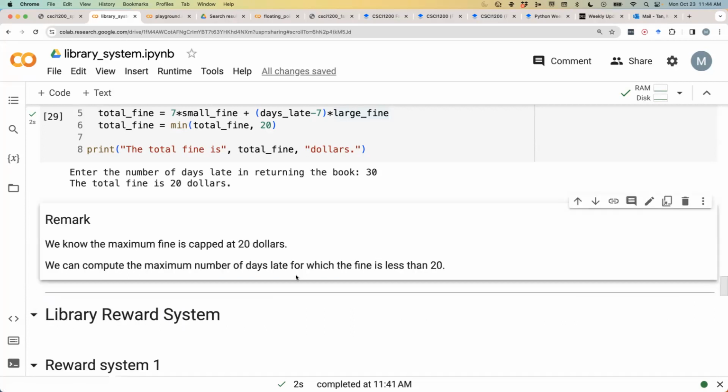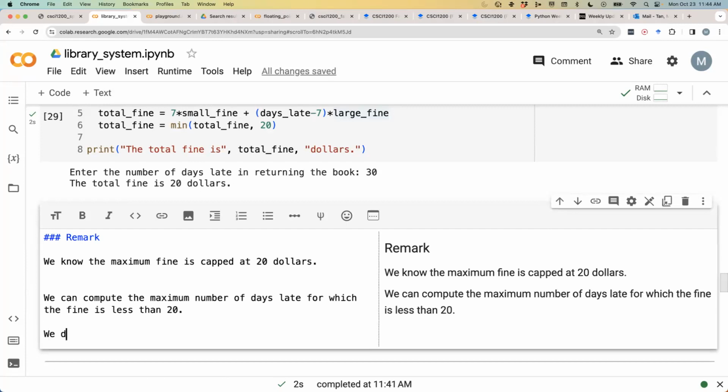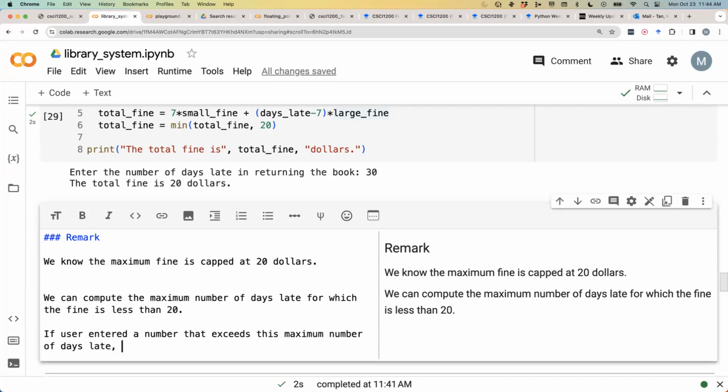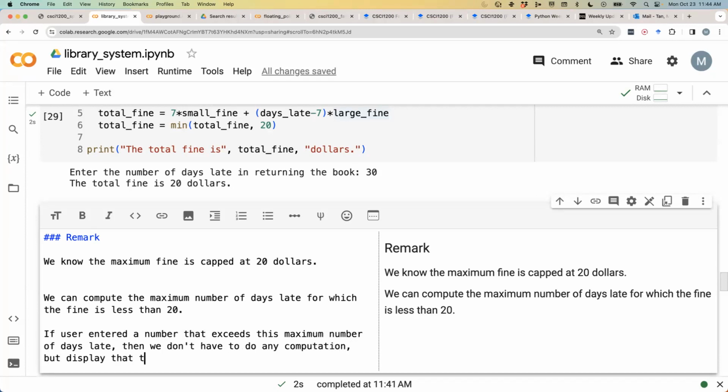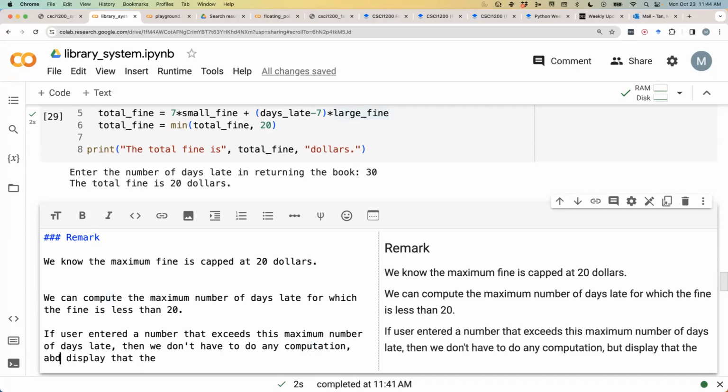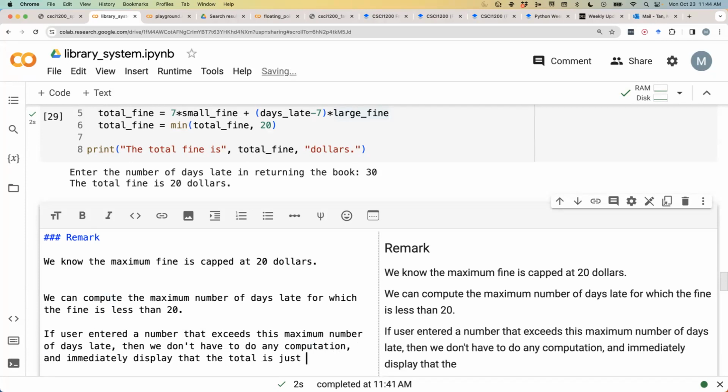Then if the number of days late exceeds this maximum number, we immediately say the fine is $20. If the user enters a number that exceeds this maximum number, then we don't have to do any computation, but immediately display that the total fine is just $20.